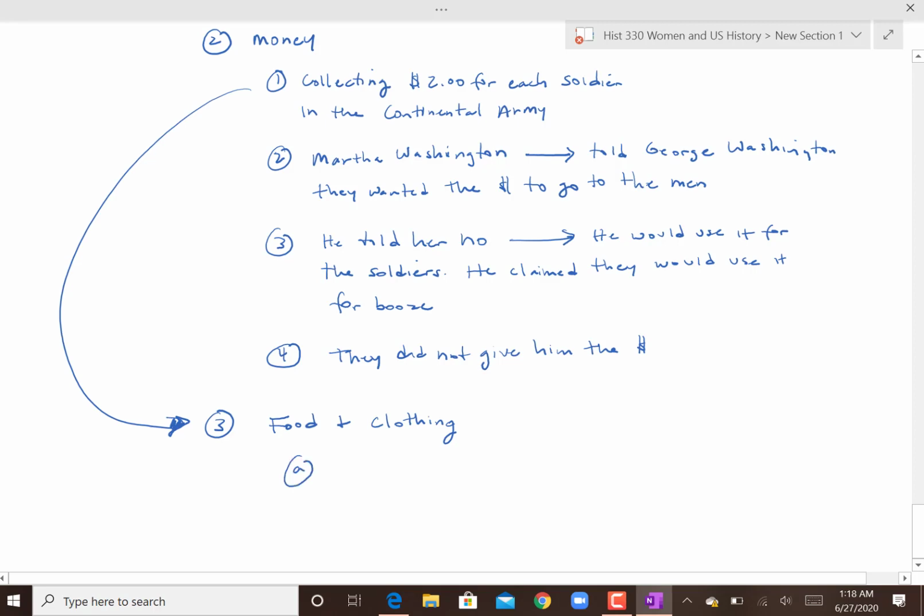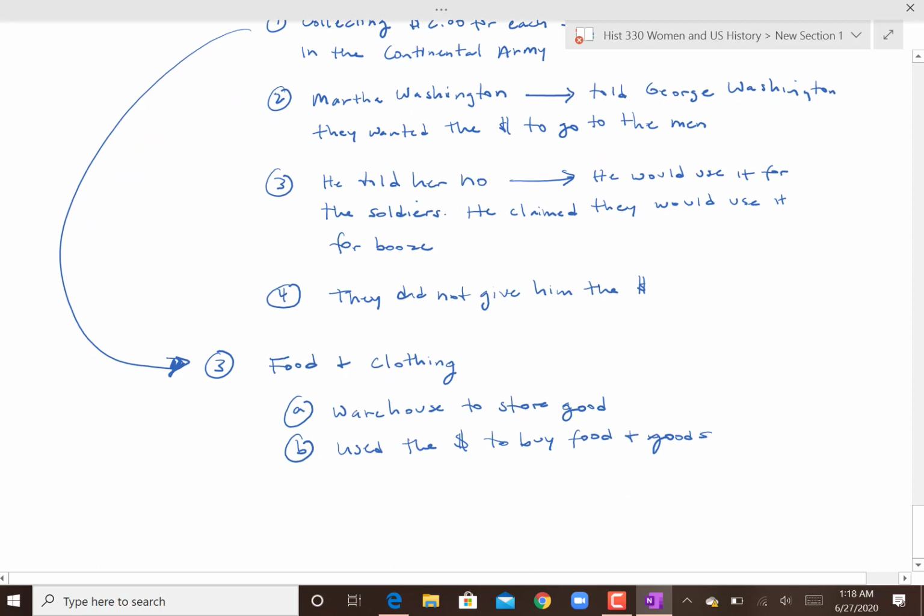They actually bought or rented a warehouse to store goods, and then what they did is that they used the money to buy food and some goods too. It was mostly food, but they did buy a few goods.